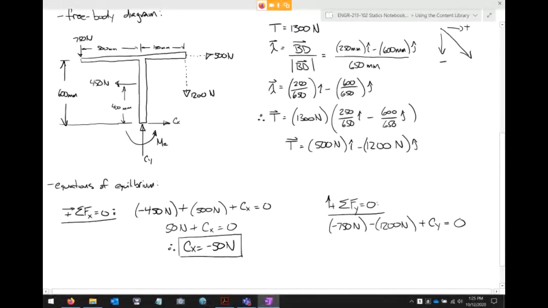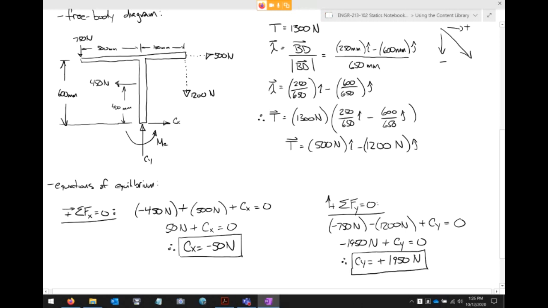Okay, so we've got negative 750 and negative 1200, so that's minus 1950, plus Cy equals 0. And so now if I bring that on over to the other side, I get Cy is positive 1950 newtons.